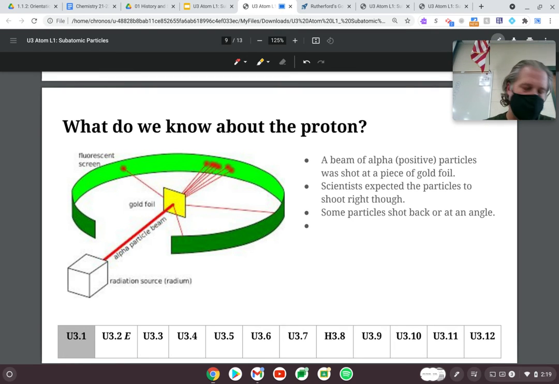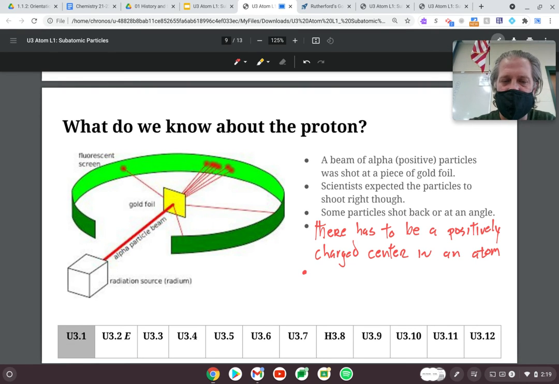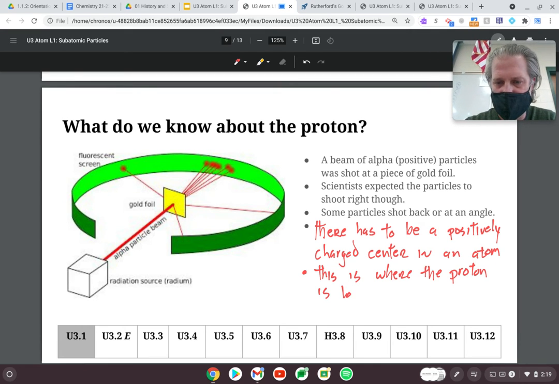So there has to be a positively charged center in an atom, and that positively charged center has protons in it. So that's where the proton is located.